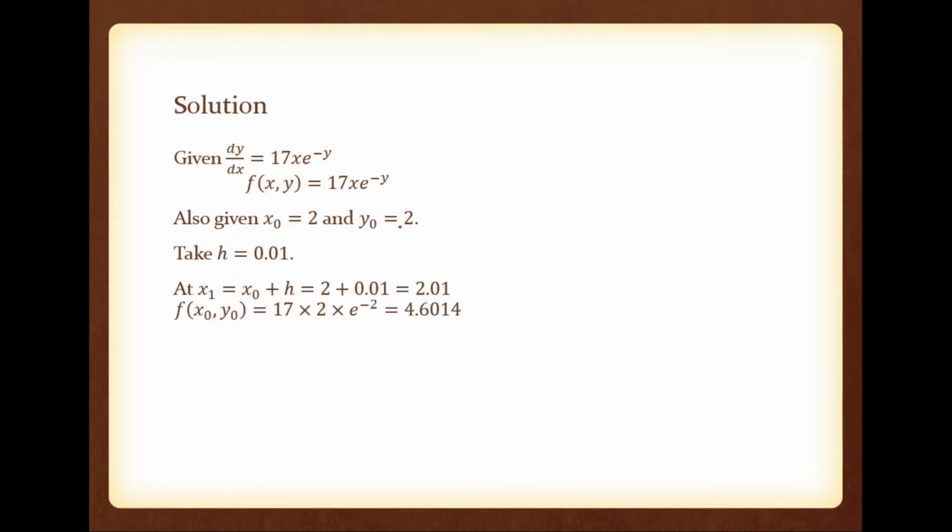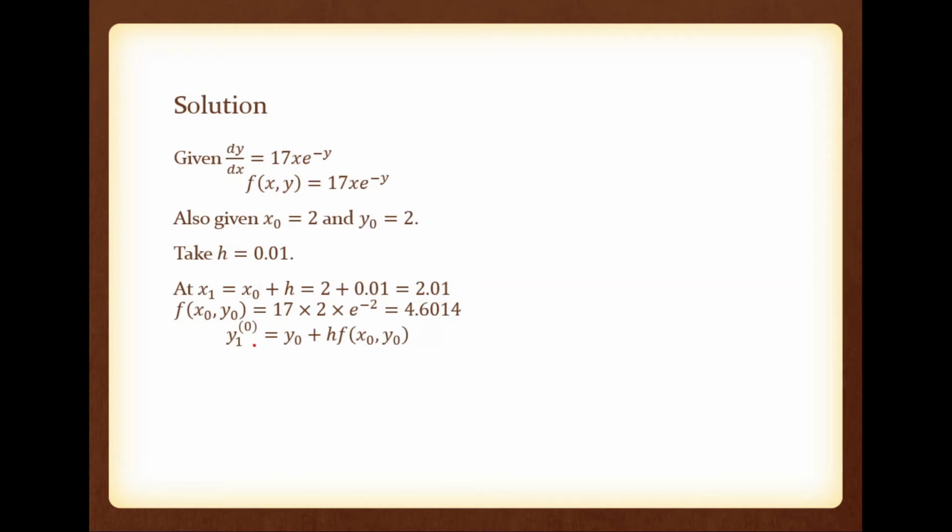Because x0 is given, y0 is given, by substituting x0 and y0, f of x0 comma y0 is 17 x0 e raised to minus y0, that is 17 into 2 into e raised to minus 2. So this value is 4.6014. F of x0 comma y0, or f of 2 comma 2, is equal to 4.6014.